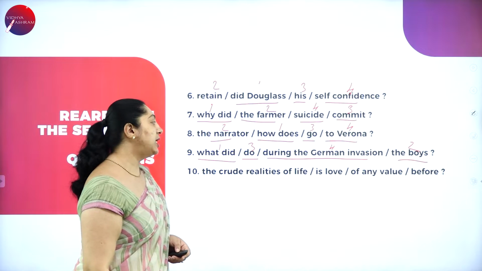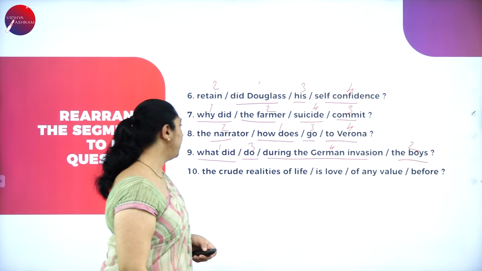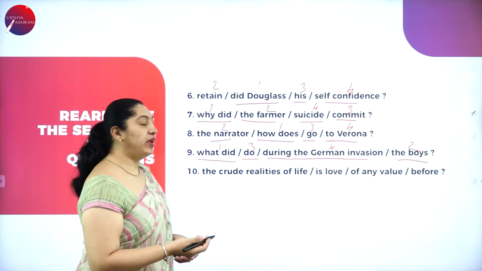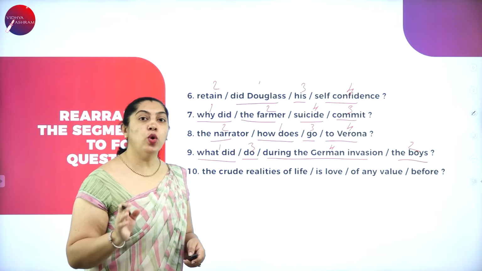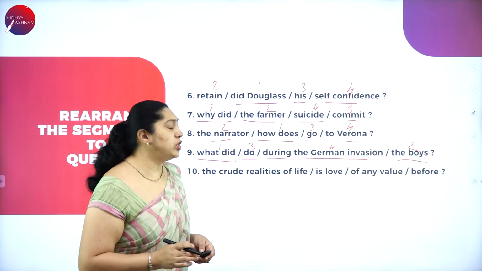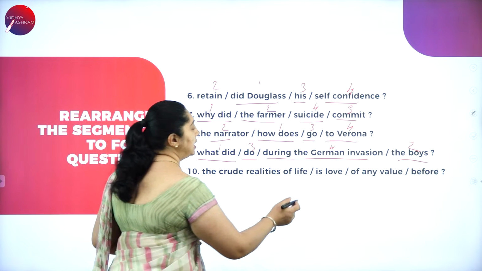The crude realities of life is love of any value before. Here, you don't have anything in question form, that is 5 W or 1 H. So how are you going to write this answer here?